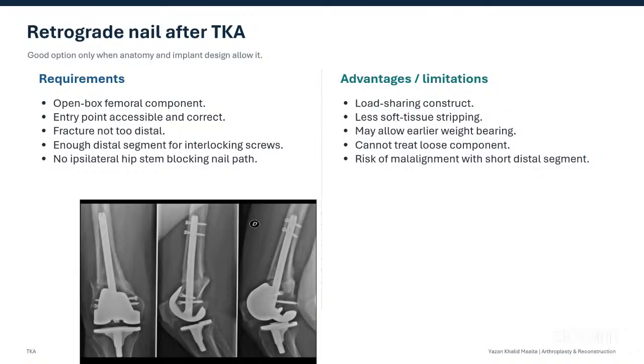The advantages: it is a load-sharing construct, less soft tissue stripping, and may allow early weight bearing. It cannot treat a loose stem component, and there is a risk of malalignment or a short stem segment.